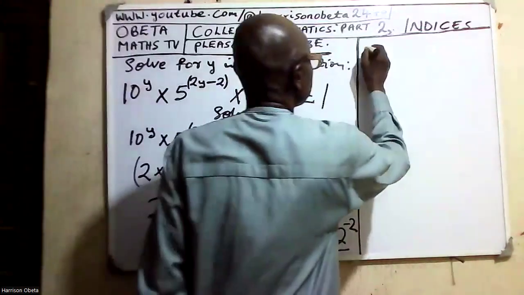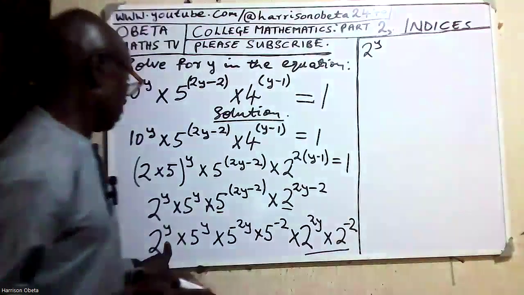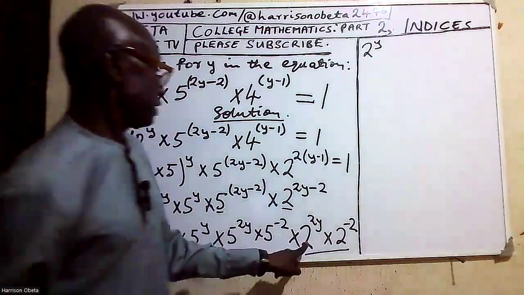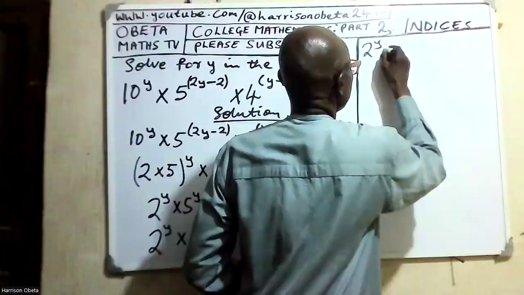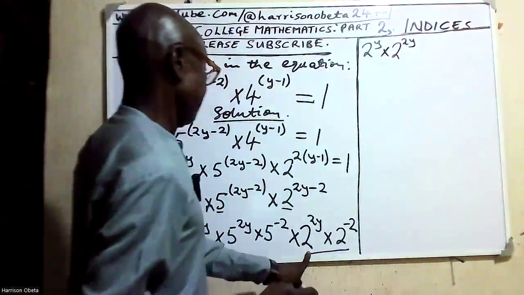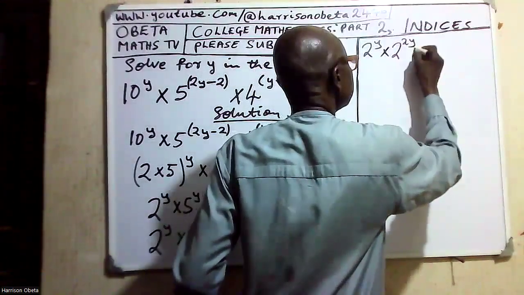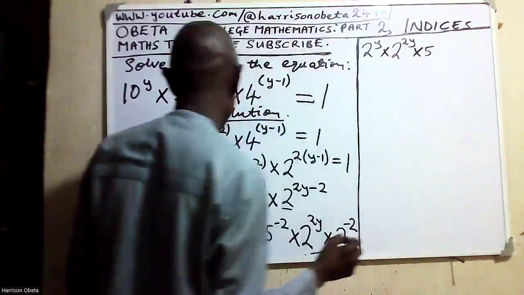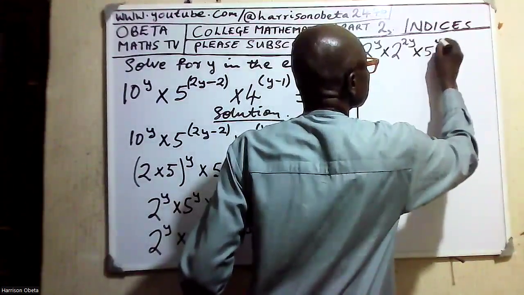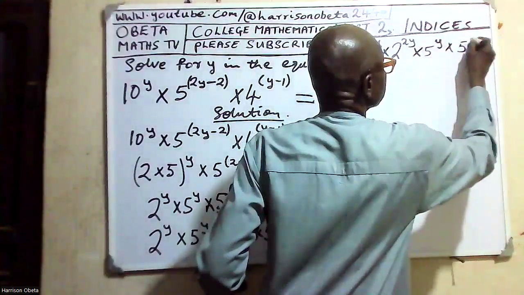So from here we have 2 raised power y. Then we start looking for where we have another 2 raised power y. That is here, multiplied by 2 raised power 2y. Then pick 5 raised power y multiplied by 5 raised power 2y.